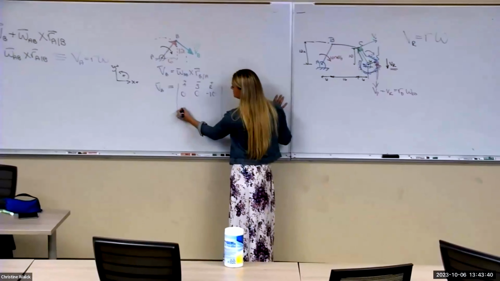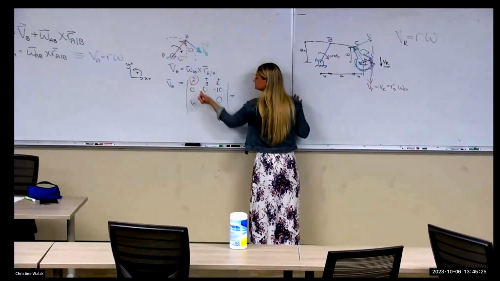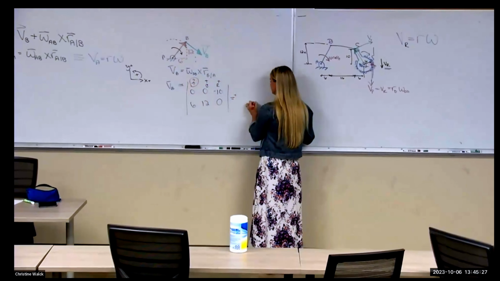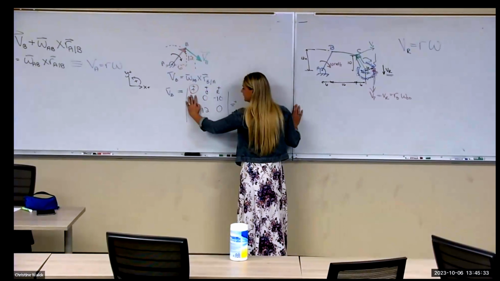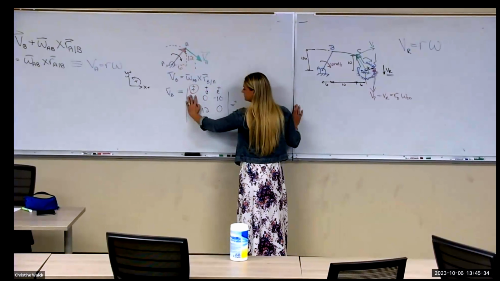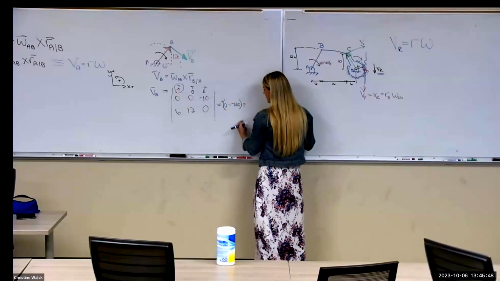RBA, in the X direction, we have 6. In the Y direction, we have 12. And we have 0 in the K because it is planar motion. Okay, so I start with the sign and the letter. The sign is a positive. My direction is I. Then I cover up the column and I do 0 times 0 is 0 minus negative 10 times 12, which would be negative 120.